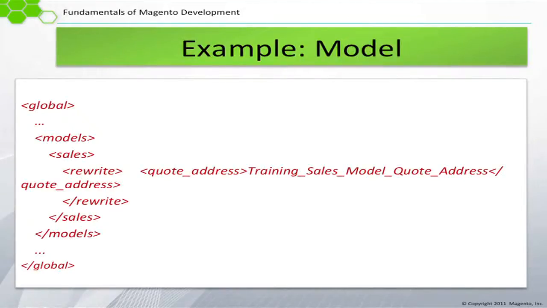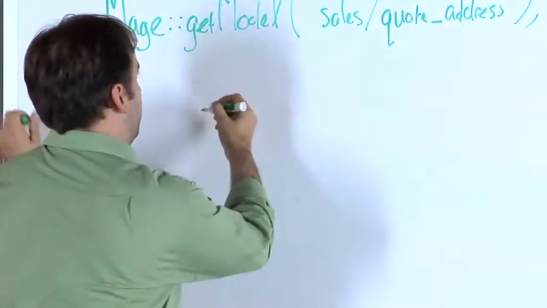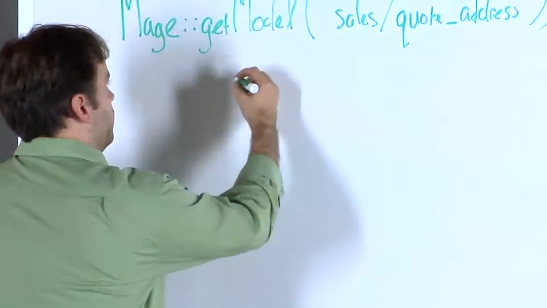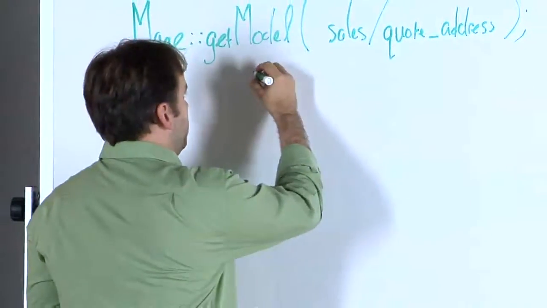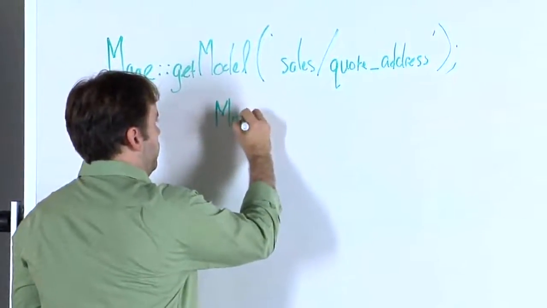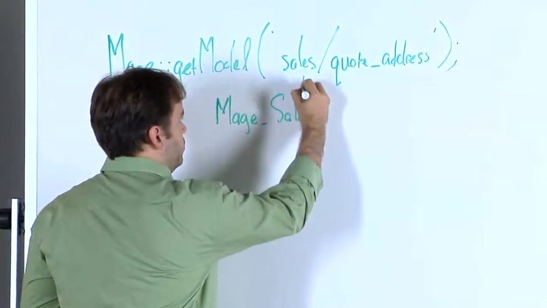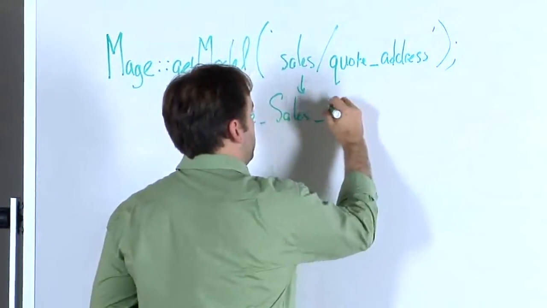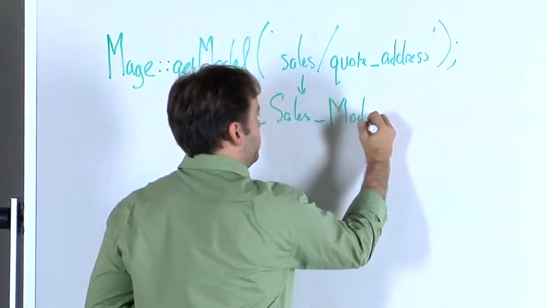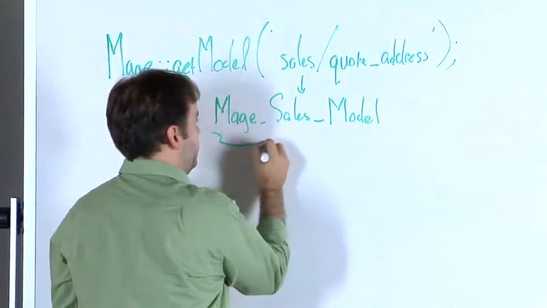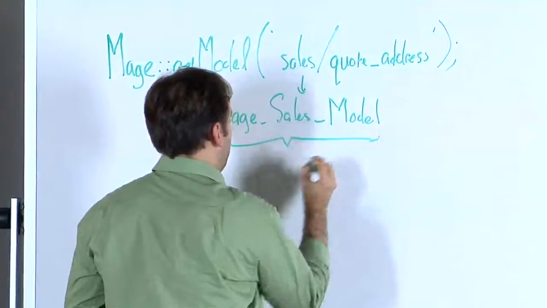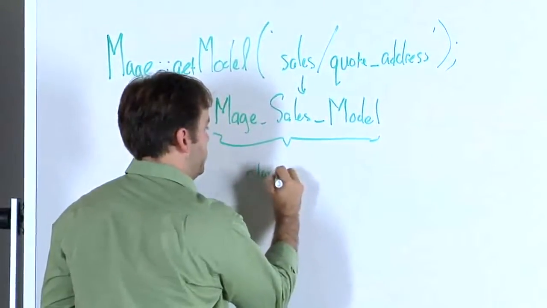We're going to take that class prefix and add quote address to it, which would give us this class of Mage sales model. Again, this is the class prefix.